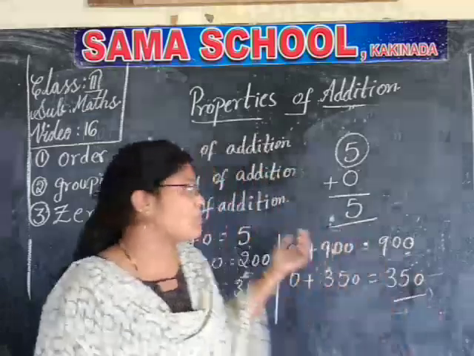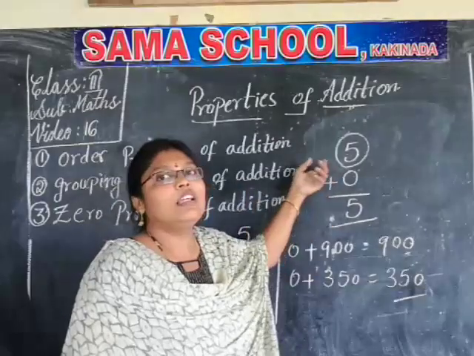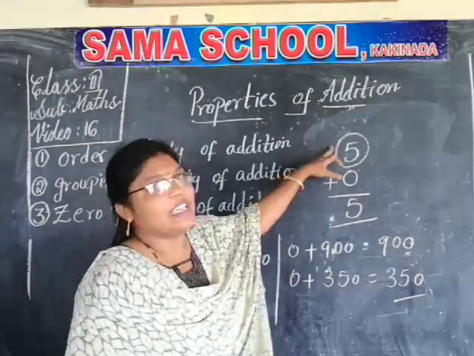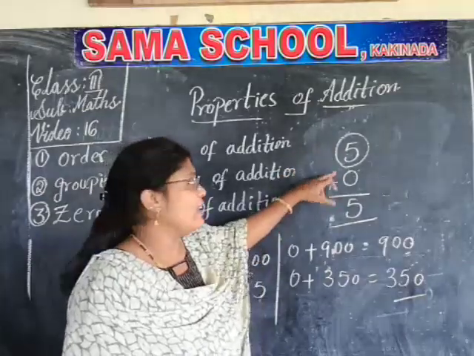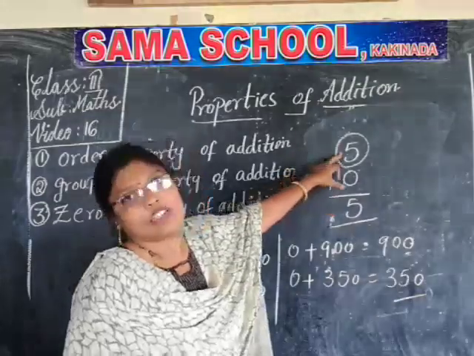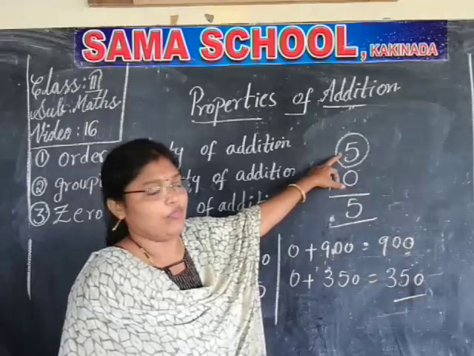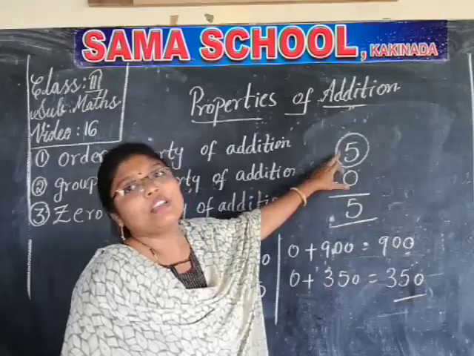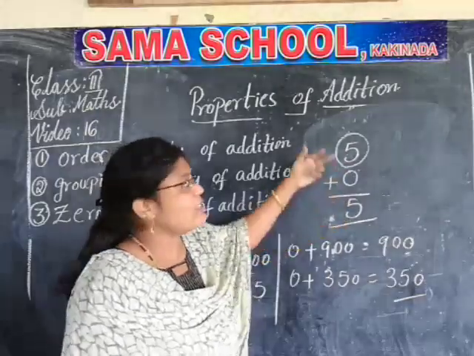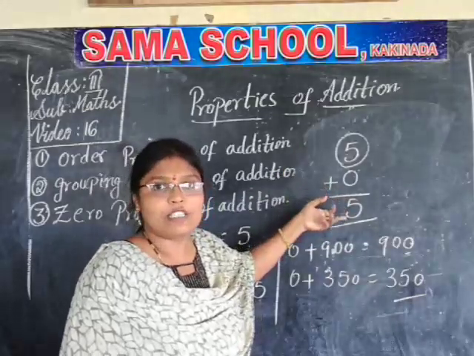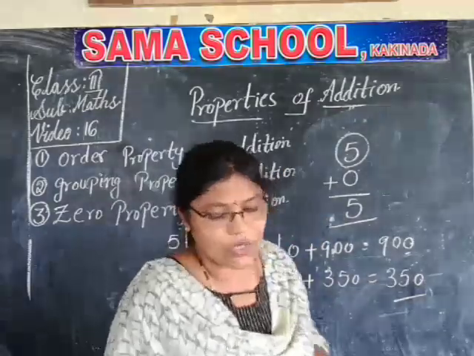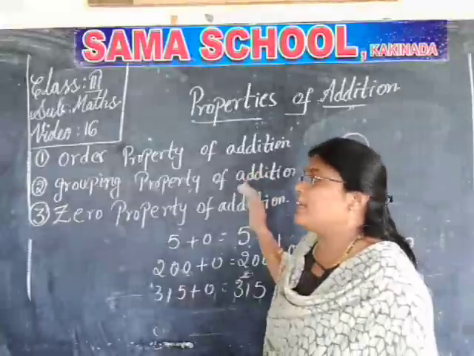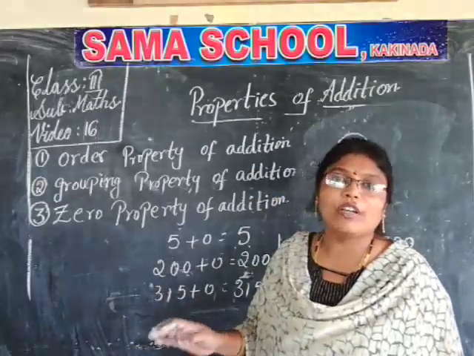If 0 is one of the two addends, the sum will be the same, the non-zero addend. This is 0 and this is non-zero, right? It is not 0, it is 5. So what will be the sum? 5. That is the non-zero number. Yes or no? So these are the three very important properties of addition.